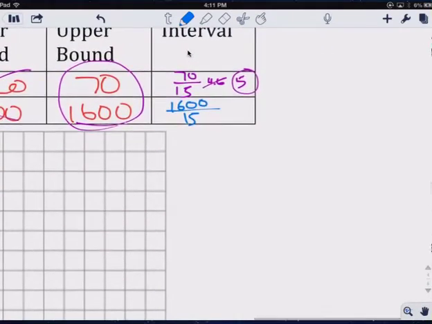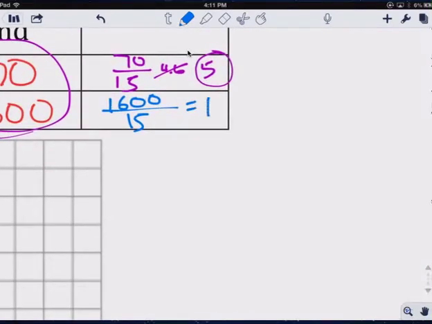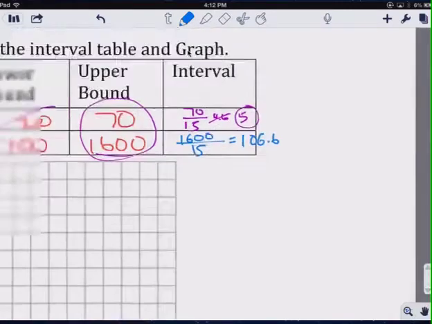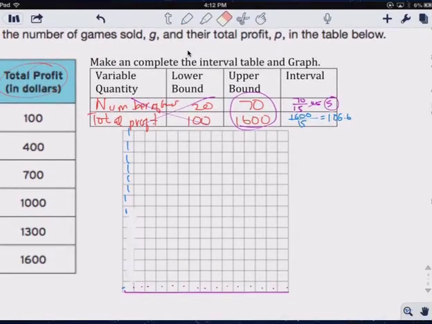Okay, 1,600 divided by 15 gives you, let me do it, yeah, 106.6. Easiest thing to count by then is 110.